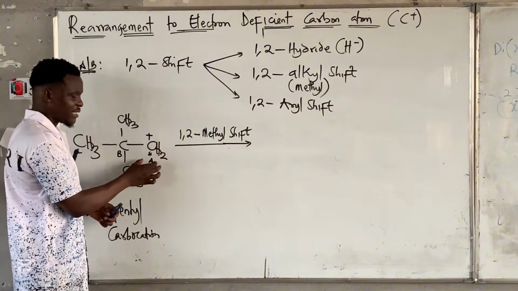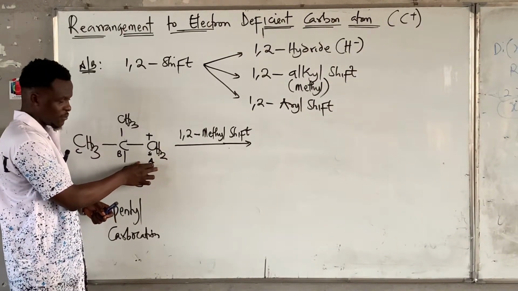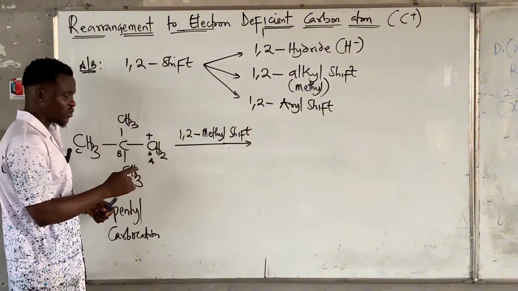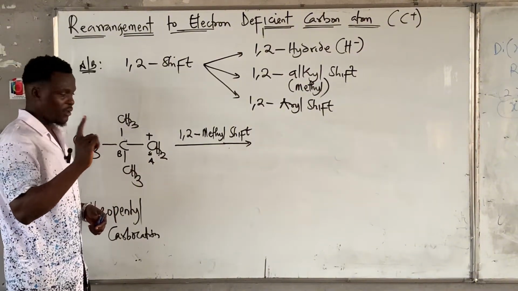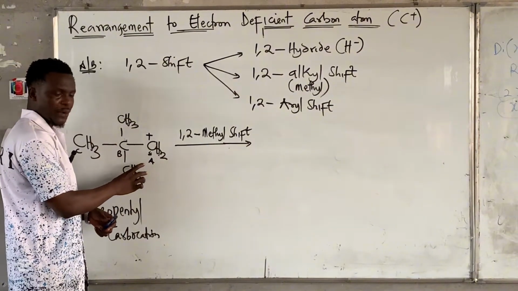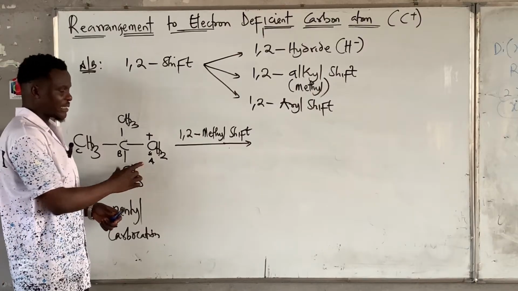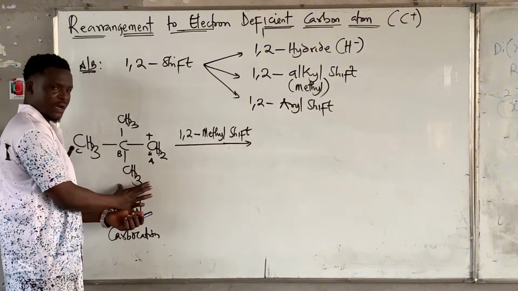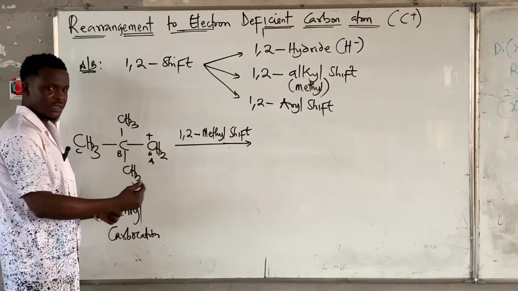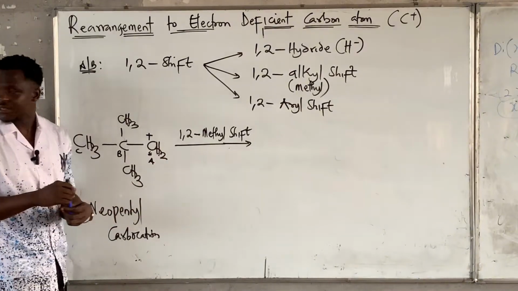That is why this guy is a carbocation. Carbon A is attached to just carbon B. That is why this guy is a primary carbocation. But can we rearrange this particular carbocation to a more stable carbocation? Yes.